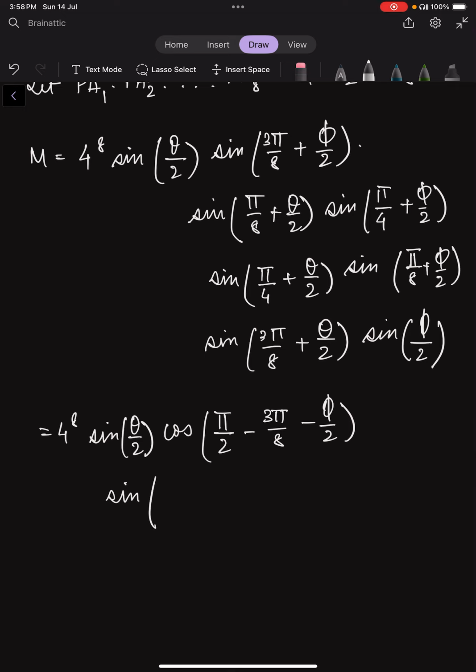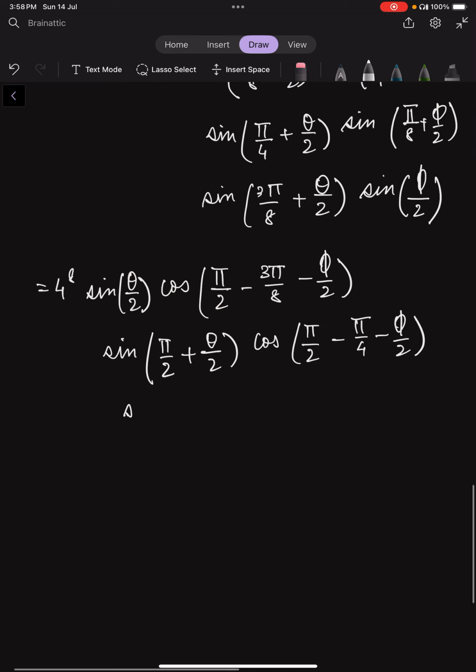So what I'm intending to do, I'll tell you, I'll bring all the terms in the theta format. Sine theta by 2, sine pi by 2 minus, I'll convert this to cos: cos of pi by 2 minus pi by 4 minus pi by 2. Now, sine theta, I'm fine with sine theta terms. All the terms with theta are okay to me.